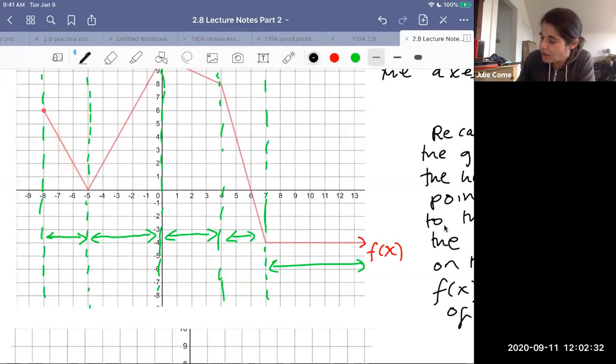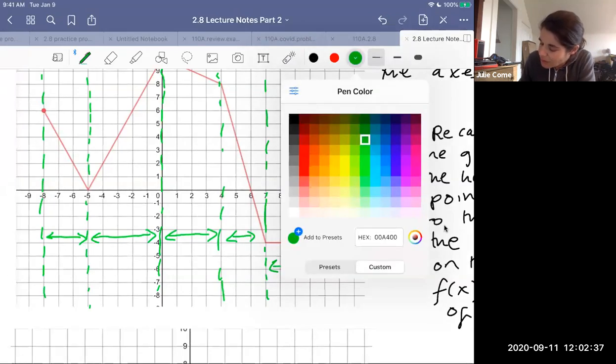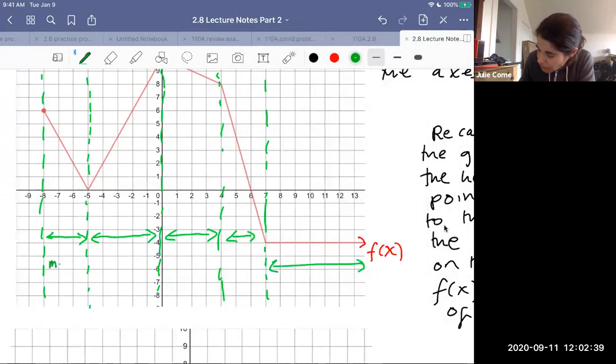So on this interval, the slope, and I'm just saying the slope, not even the slope of the tangent line, because on that interval the function is a line, it appears the slope is -2/1, or simply -2. It was down 2 to the right 1.